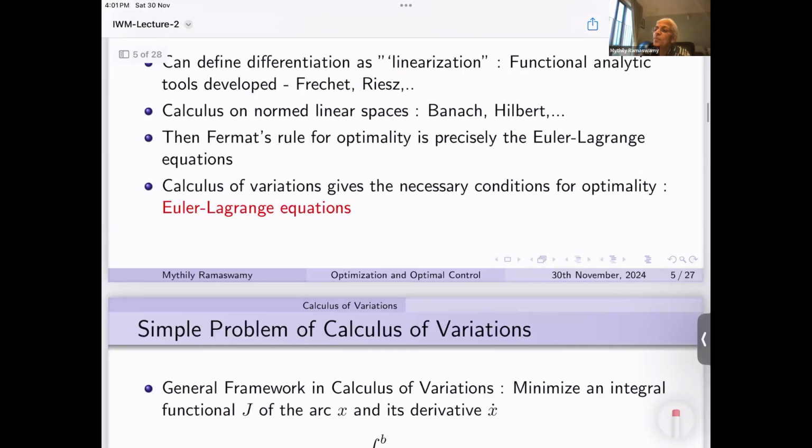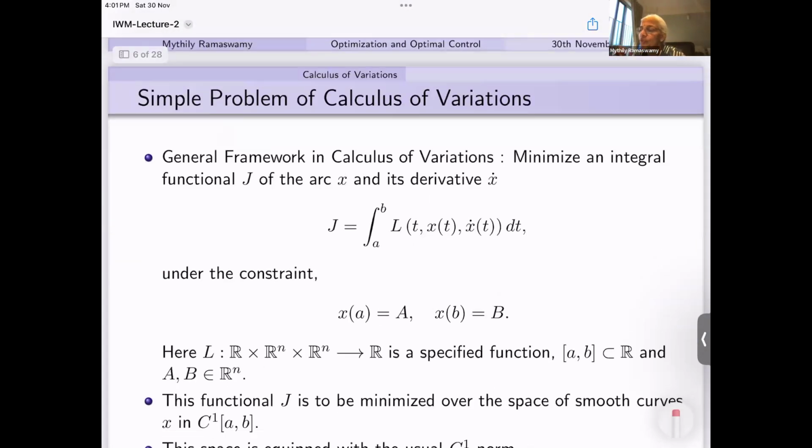So let us go to a simple problem of calculus of variations. The general framework is like this. We want to now minimize an integral functional J. Earlier it was any function f of x, where x was in R or Rn, or generally in Euclidean space.